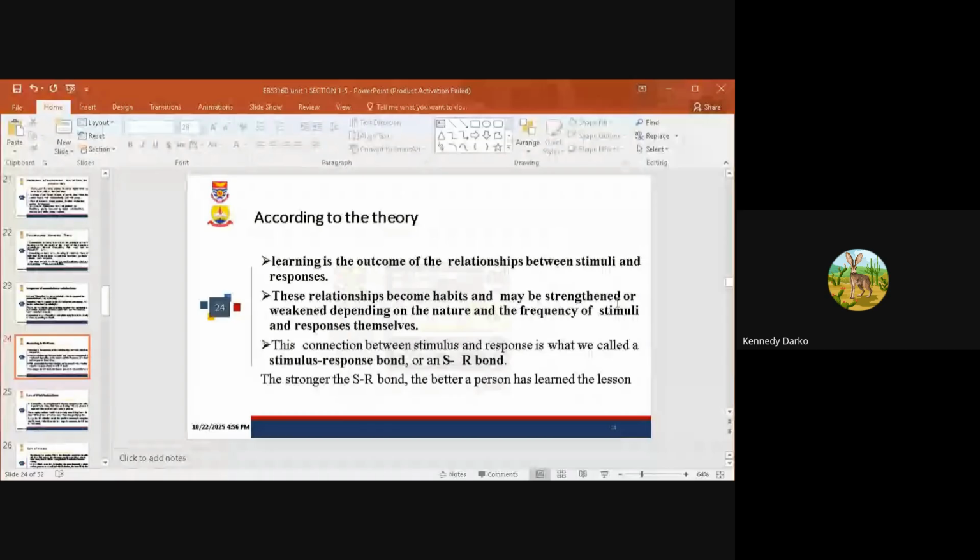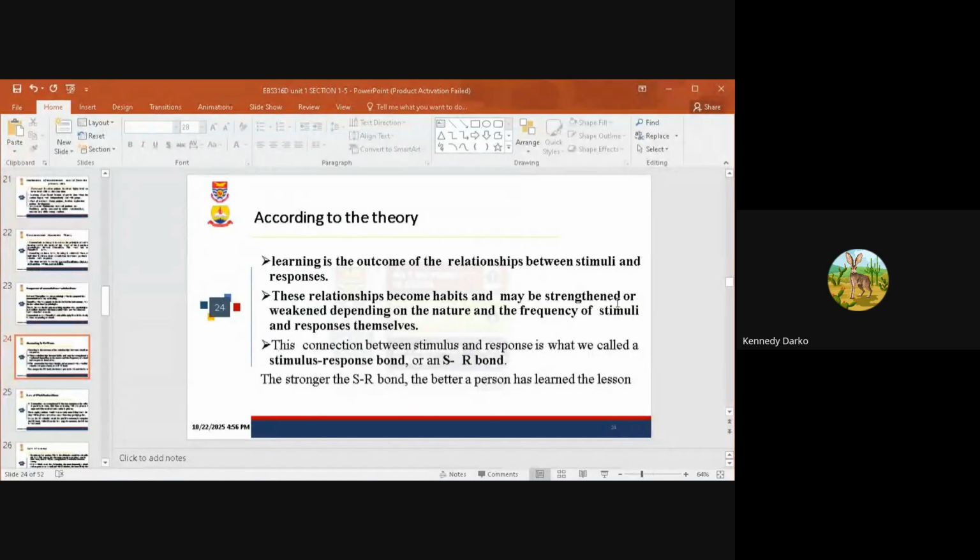Now, this connection between stimulus and response is what we call a stimulus-response bond, or an SR bond. That's the stimuli and response bond. The stronger the SR bond, the better a person has learned the lesson.